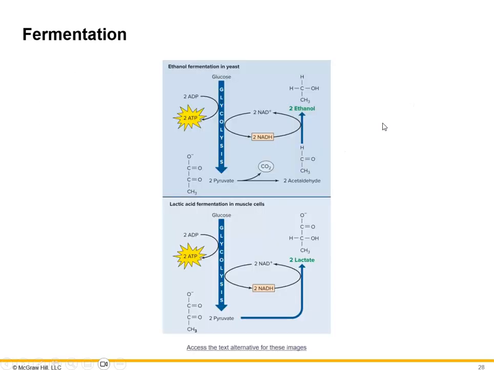So you can see the basic overview of that here. We don't need to go too in depth, but you can see we've got this cycle between NAD plus and NADH and a product of ethanol for yeast. Same thing here. We've got this cycle of NAD plus and NADH and a product of lactate, which is lactic acid, happening in our muscle cells.